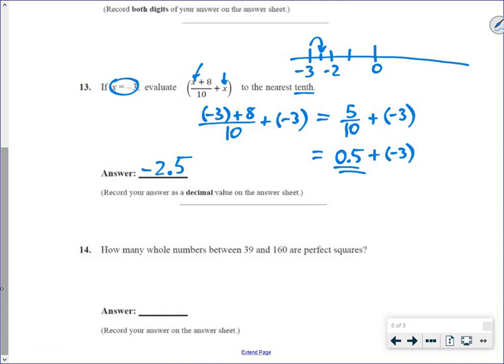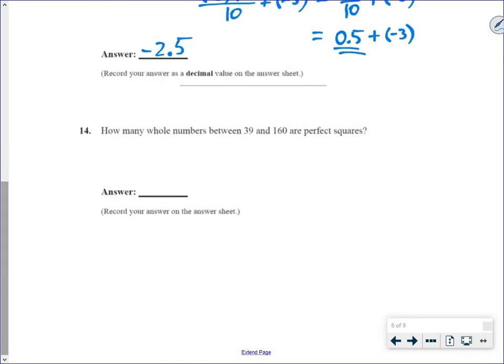How many whole numbers between 39 and 160 are perfect squares? I think that was pretty well done. So 39 and 160. The next perfect square after 39, so 36 is a perfect square. That's not above 39. The next perfect square up is 49. That's 7 squared. And then 8 squared, 64. Then 9 squared is 81. 10 squared is 100. 11 squared is 121. 12 squared, 144.